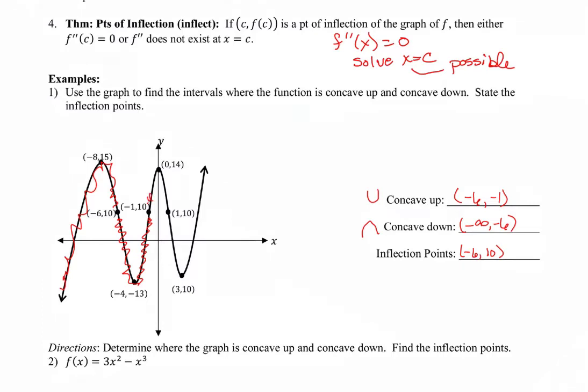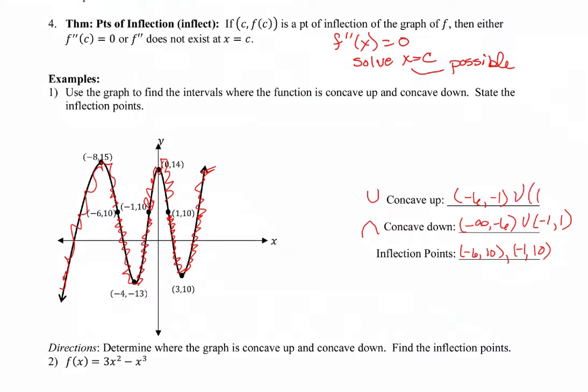Then here, I'm going down again. So this is the union of negative 1 to 1. And I have another inflection point at negative 1. And then here, I'm going up again.